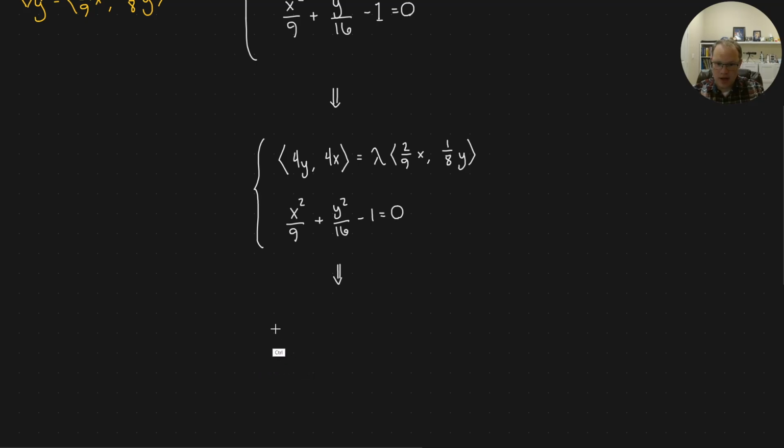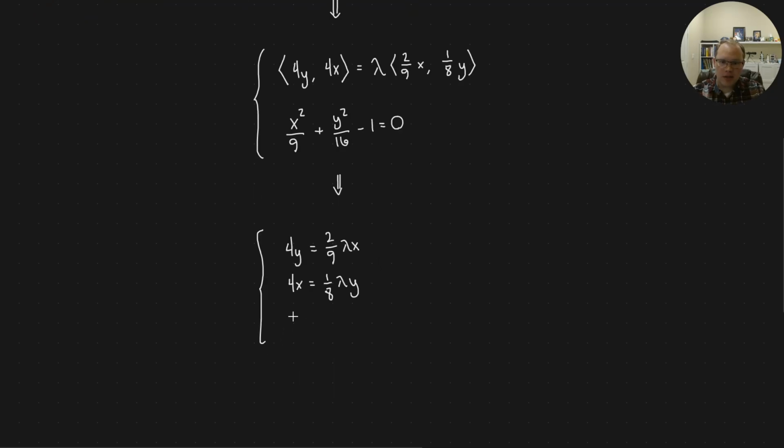If I do that, on the left-hand side, the first component is 4y, and on the right-hand side, if I multiply the scalar multiple lambda in, the first component becomes 2/9 lambda x. Now equate the second components: 4x on the left side, and multiplying that lambda in, I get 1/8 lambda y.